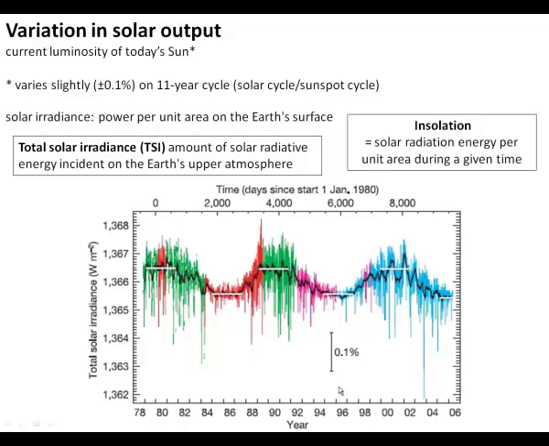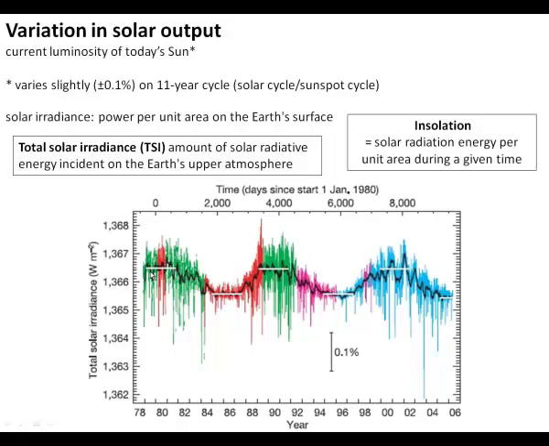And you can see here what 0.1% equates to in terms of the total solar irradiance. The total solar irradiance is the amount of solar radiative energy that's incident on the Earth's upper atmosphere. The insolation then is the solar radiation energy per unit area during a given time.